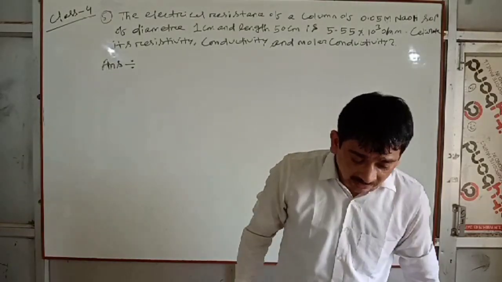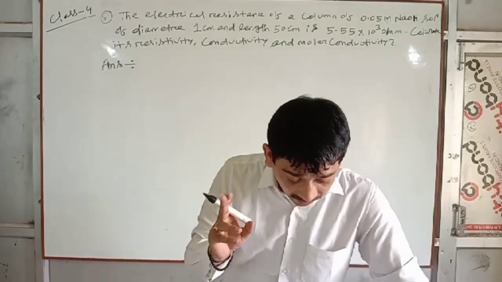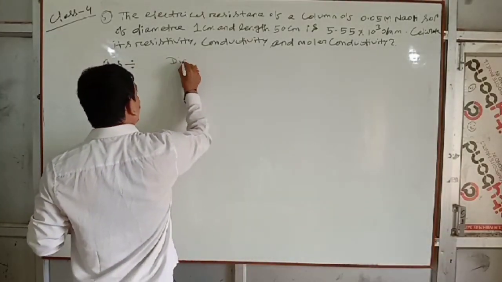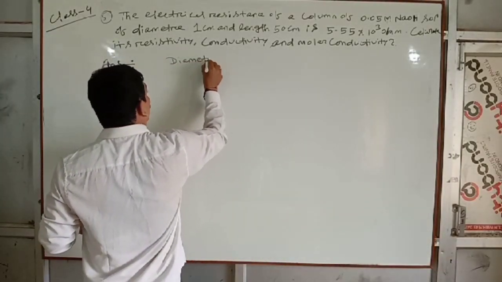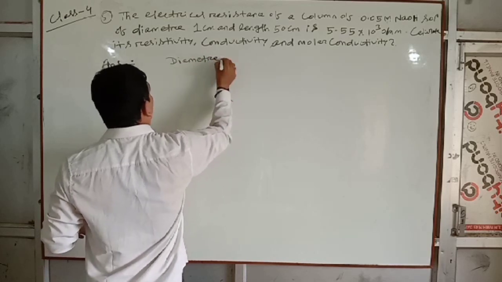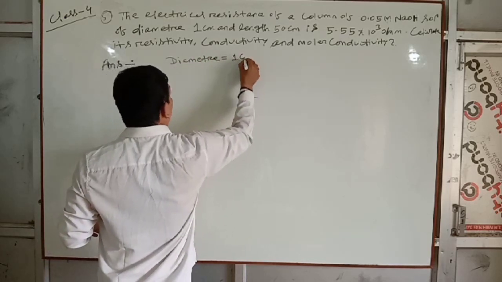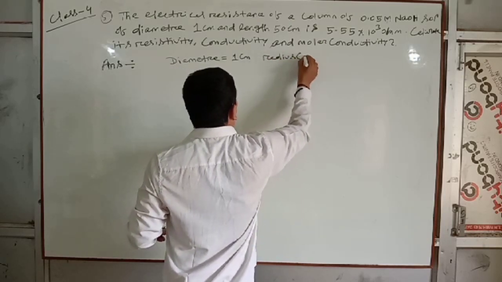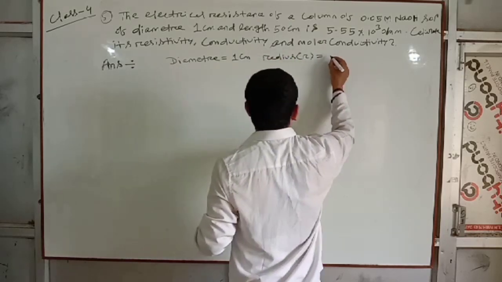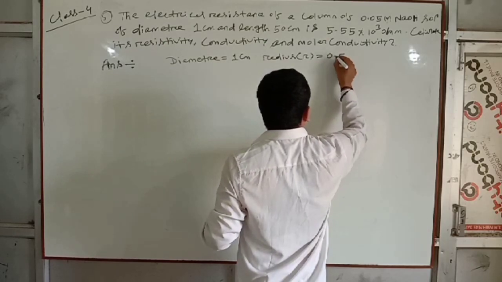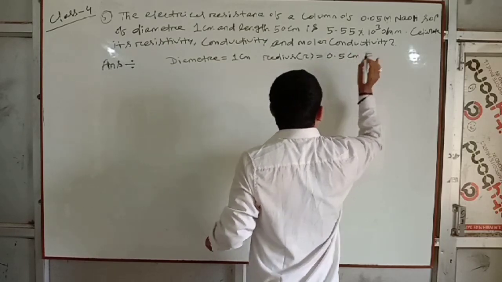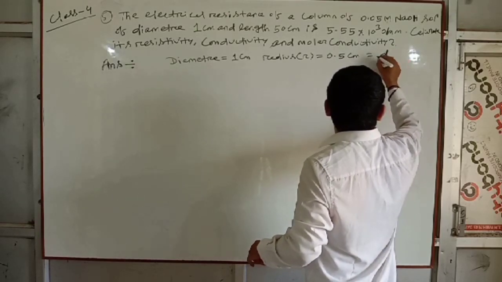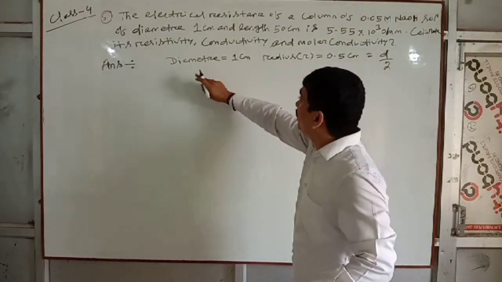Diameter is given how much? Diameter is 1 cm. So radius r equal to 0.5 cm, because radius equal to d by 2.